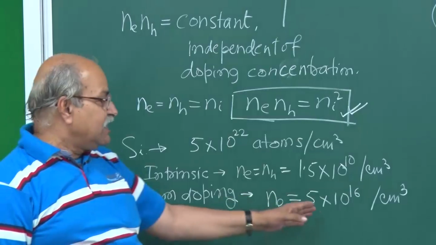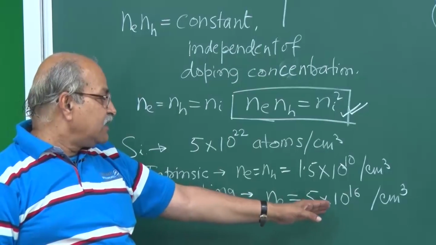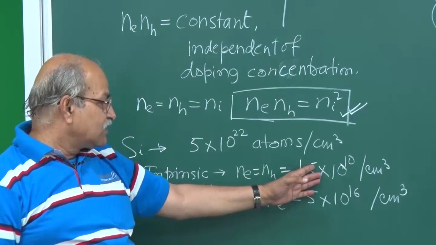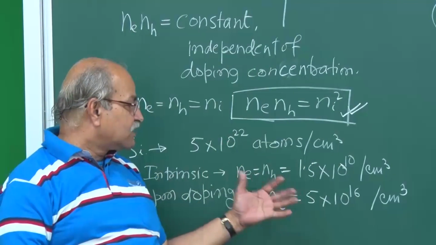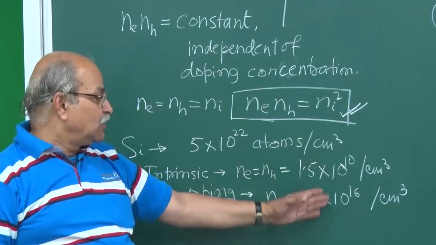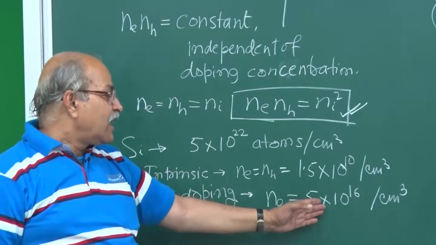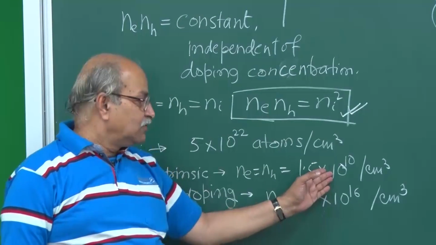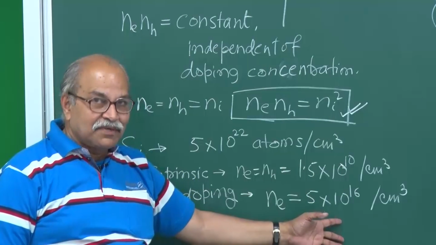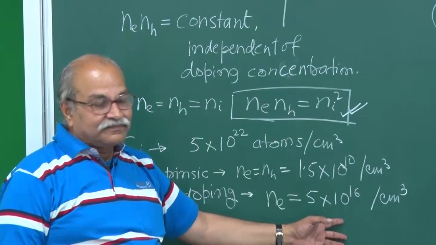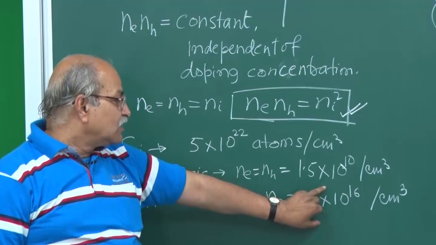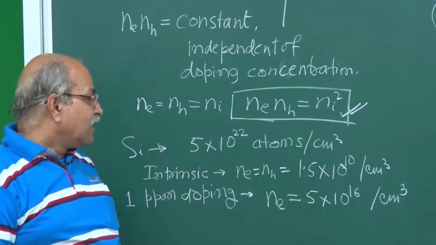You have put in these many extra electrons, in such a large number as compared to the intrinsic one. The total number of electrons per centimeter cube is this plus this, the doping part plus what was already there. But 10 to the power 16 plus 10 to the power 10 will still remain 10 to the power 16. Okay, so you can take this as the conduction electron number density after doping.